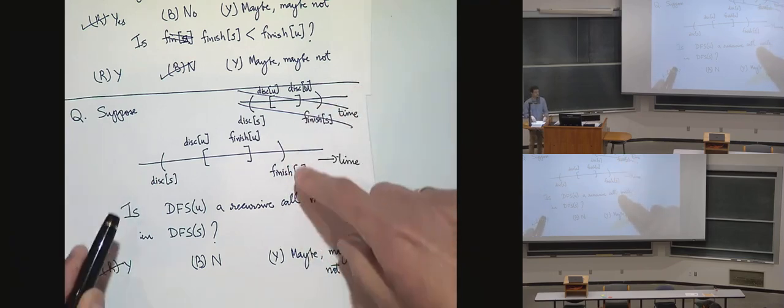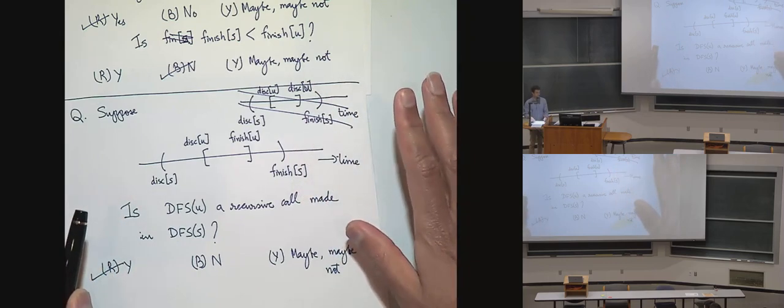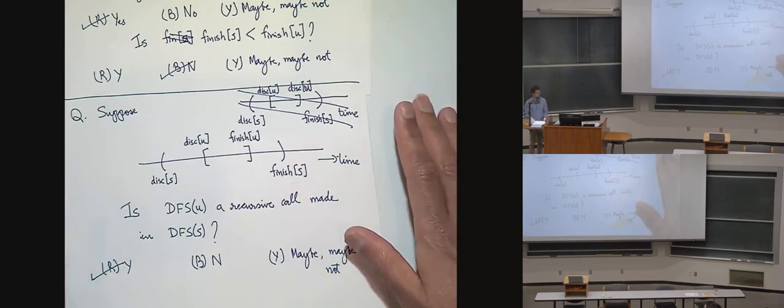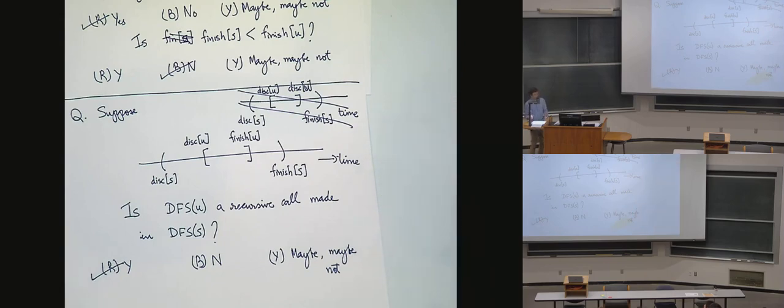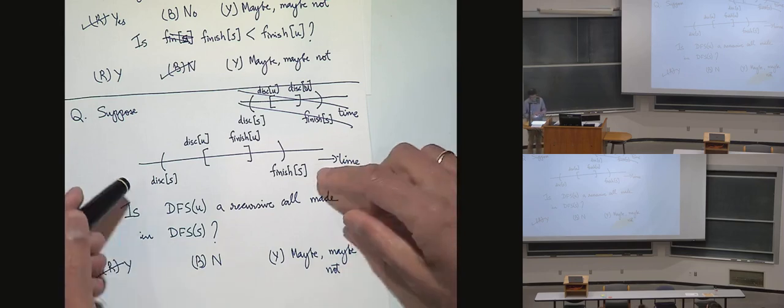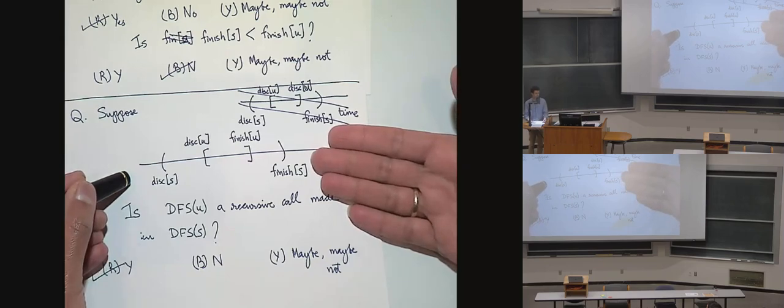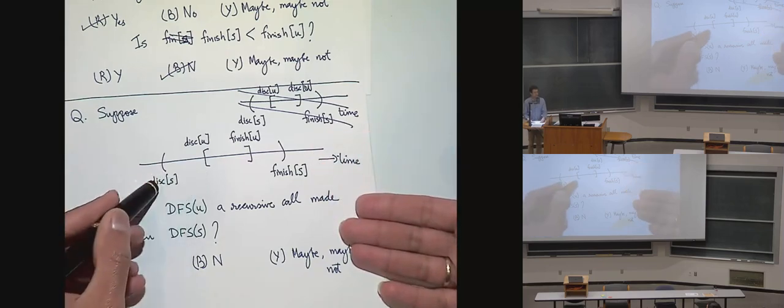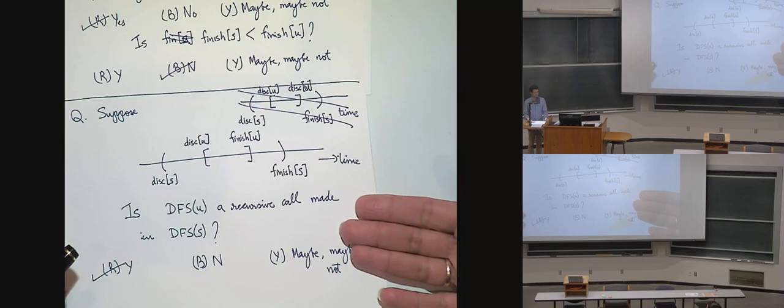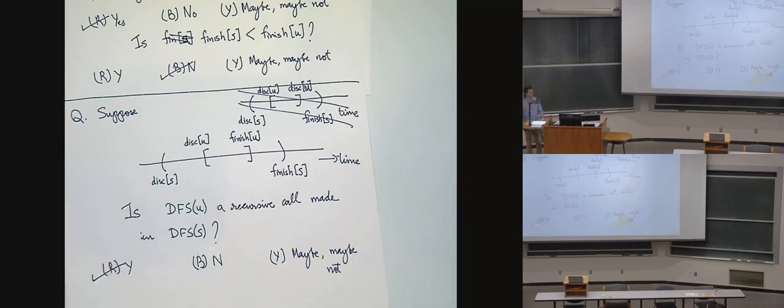I'm not saying this is necessarily true. Is that clear? Actually, that was going to be my next question, but I'll still ask it nonetheless. So does this make it clear? I'm saying suppose the times had this behavior, then U is a recursive call in S. That's what I'm saying.